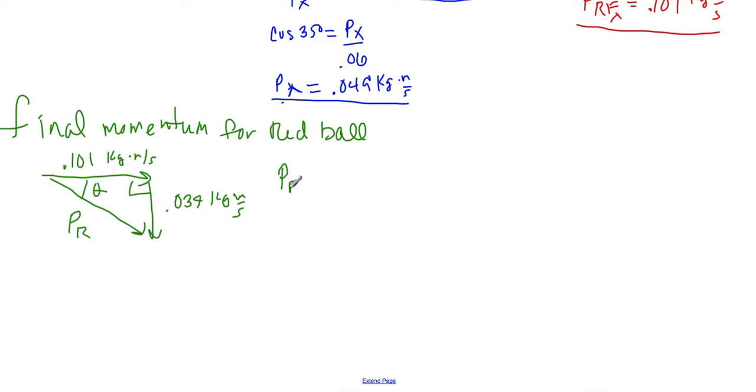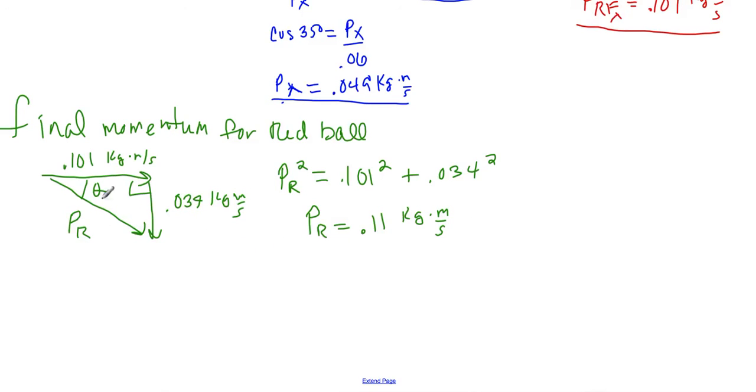So the momentum of the red squared is equal to 0.101 squared plus 0.034 squared. And this is something I'm sure you've done enough Pythagorean theorem that it's really not even that big of a deal at this point. So I'm just going to write down the momentum of the red is equal to 0.11 kilograms times meters per second.